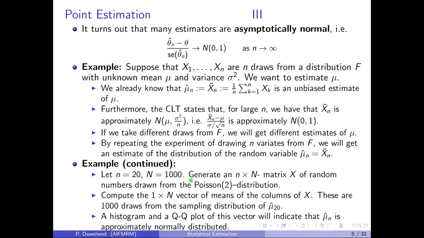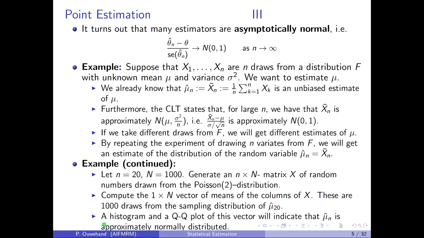So we're going to generate a little n by capital N matrix X of random numbers drawn from the Poisson 2 distribution. In other words, the rate parameter lambda here is equal to 2. This matrix has little n many rows and capital N many columns. You can regard every column vector as a sample of 20 draws from the Poisson distribution. If you take the mean of every column, you are going to get 1000 estimates of the mean. In other words, we're going to get 1000 draws from the sampling distribution of mu hat 20.